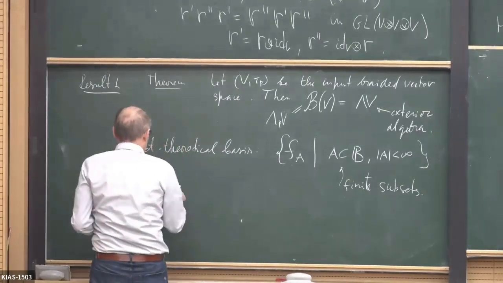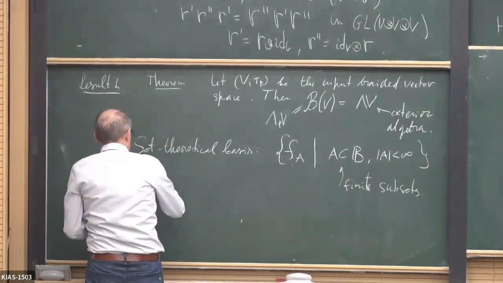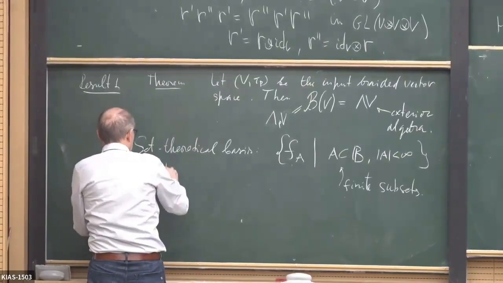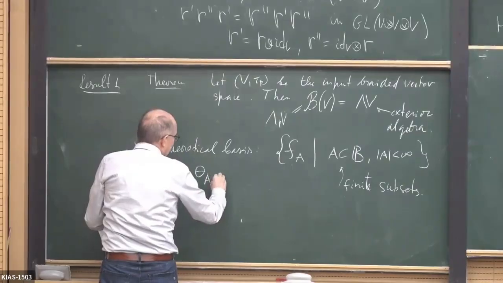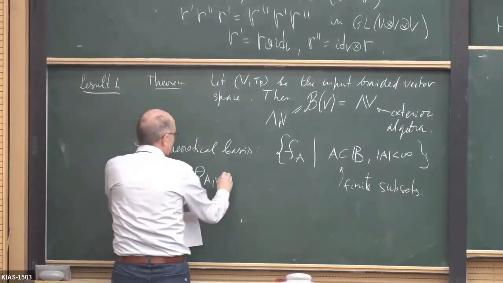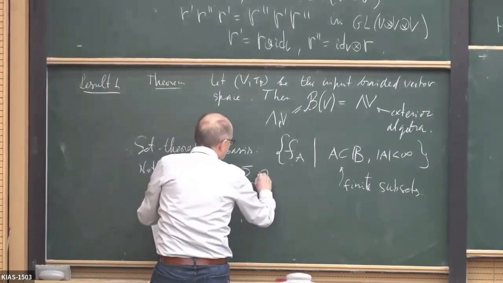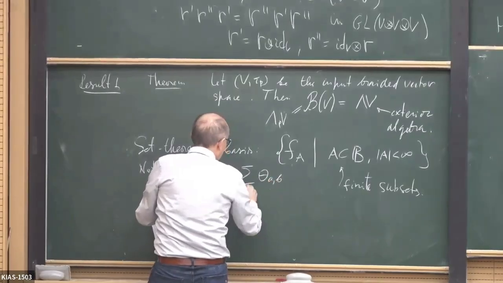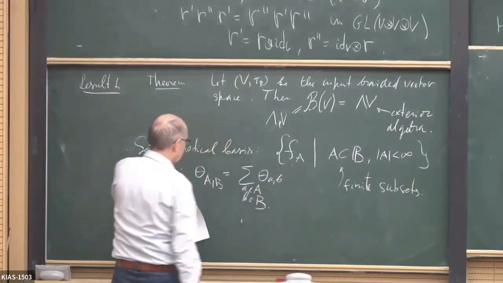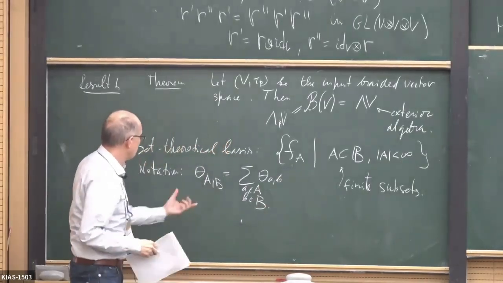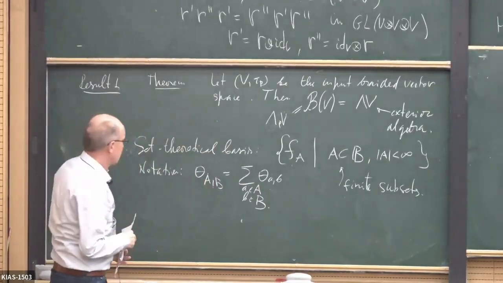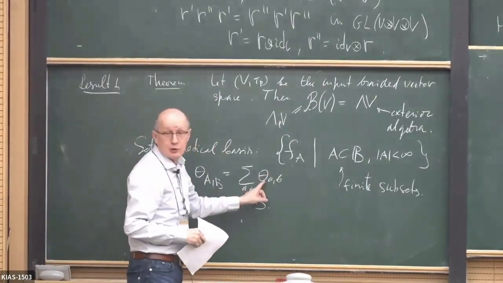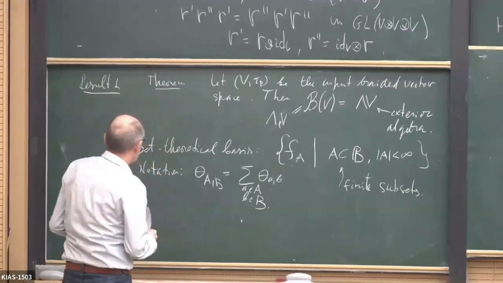Now just a notation: I extend my Heaviside symbol to subsets by summing over theta(a,b), a in A, b in B. So it is a non-negative integer, because I am summing zeros and ones here.